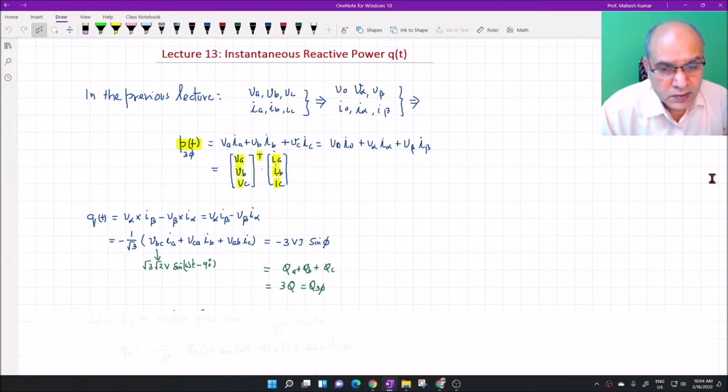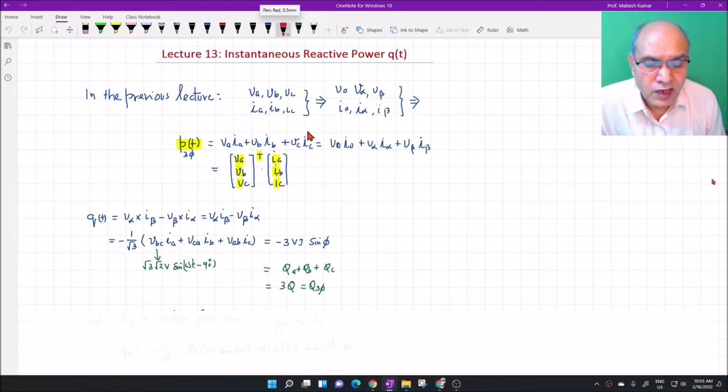Also, we were trying to interpret the meaning of the term instantaneous power as defined by Akagi, and we were trying to compare this term with the standard definition of reactive power as defined by Budeanu, that is VI sin phi. So in this three-phase system also we can deal with each phase separately and define its active and reactive components and try to see what they consist of.